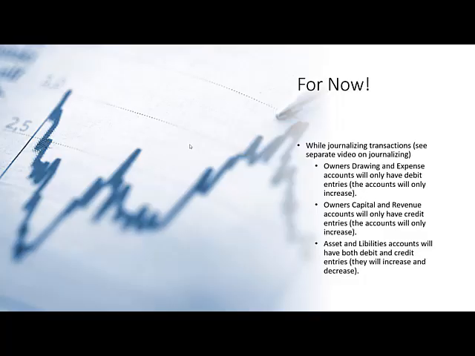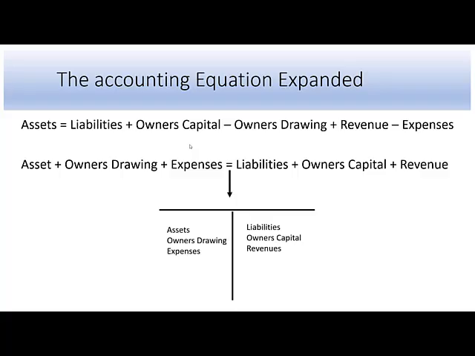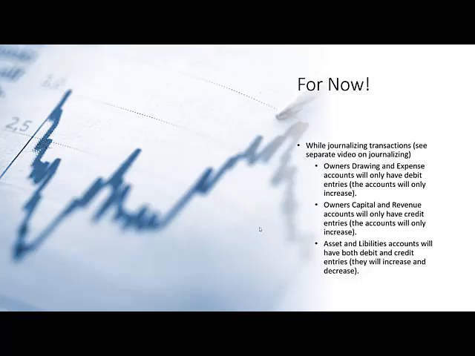But for now, as we journalize transactions, 4 of these elements that we talked about up here, there are 6 elements here, but 4 of them, owner's drawing, expenses, owner's capital, and revenues, they are only going to get either a debit or a credit, not both. Assets and liabilities are the only ones that will, at this point, be able to accommodate both a debit and a credit.